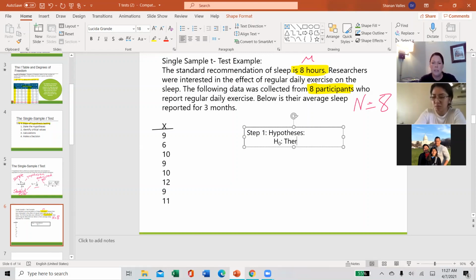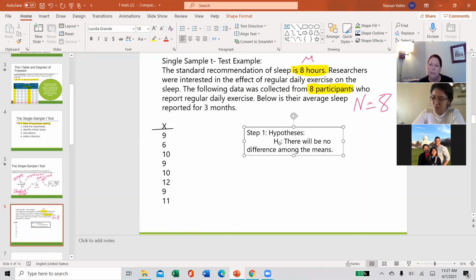So if you want to start out stating there will be no difference, right now let's just say among the means, okay? If you wrote that, for me, I would be okay with it.